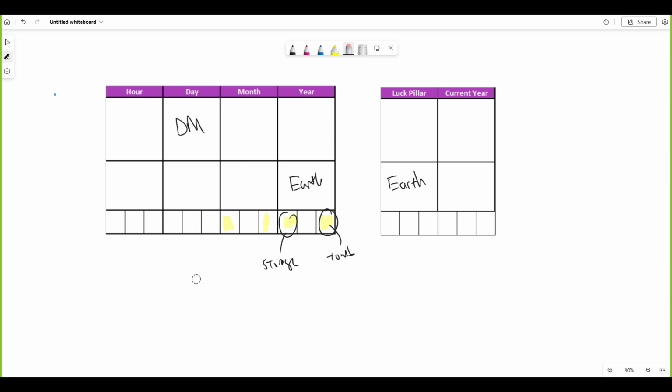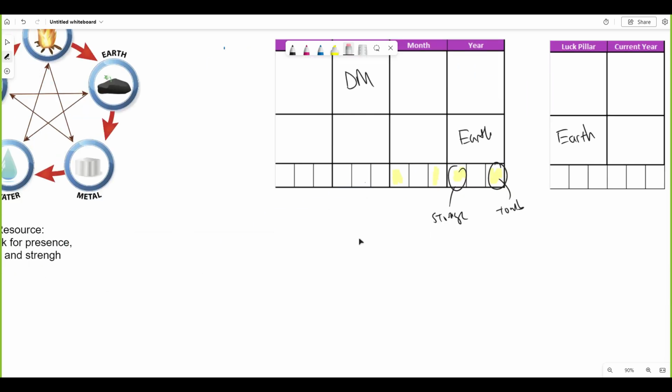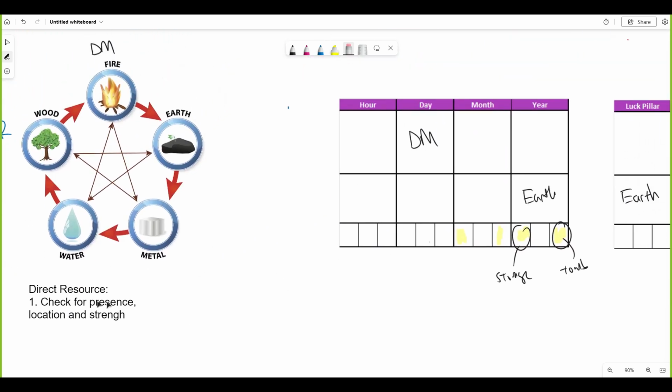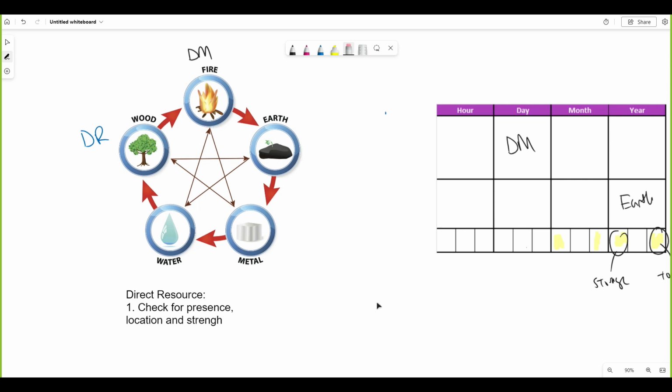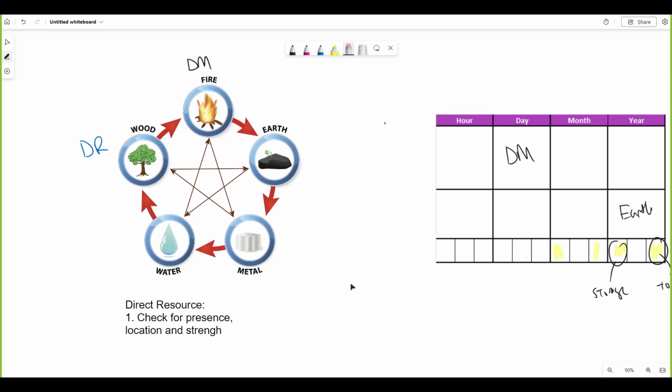Therefore, we look into the presence of the direct resource, check for its location, and then identify its strength to determine whether it's favorable or unfavorable. But more often than not, generally, without thinking too much, direct resource is always auspicious.